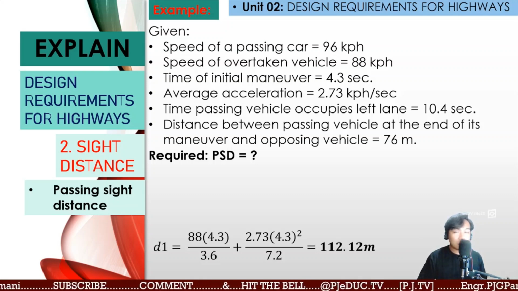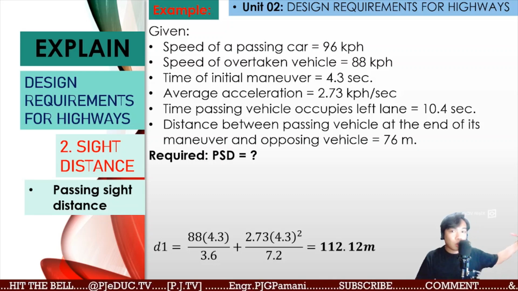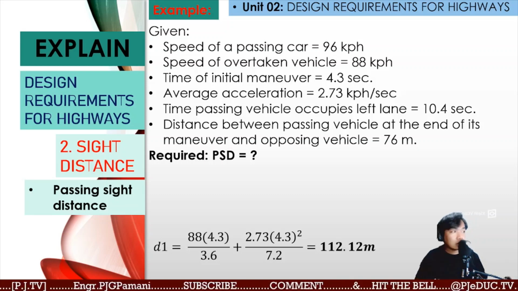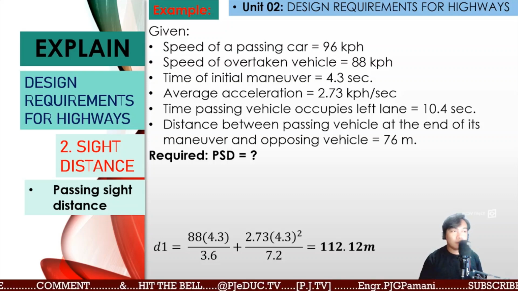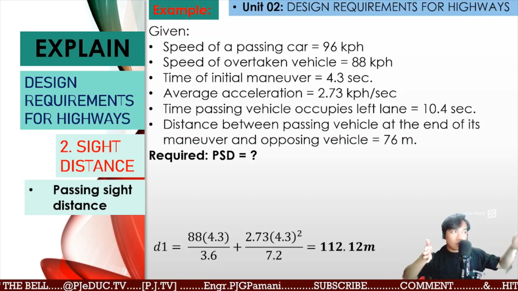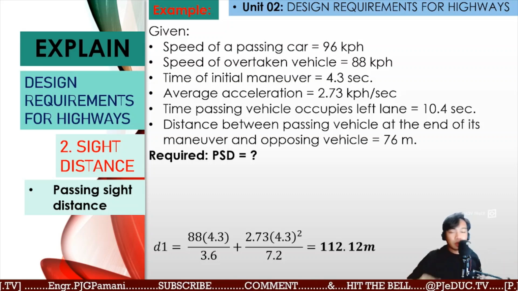Average acceleration niya is 2.73 kilometers per hour per second. Time passing vehicle occupies left lane, yung opposing, is 10.4 seconds. The distance between passing vehicle at the end of its maneuver and opposing vehicle is 76 meters, which is your D3. Yung paano yung before collision ng car B with the overtaking vehicle A, no?